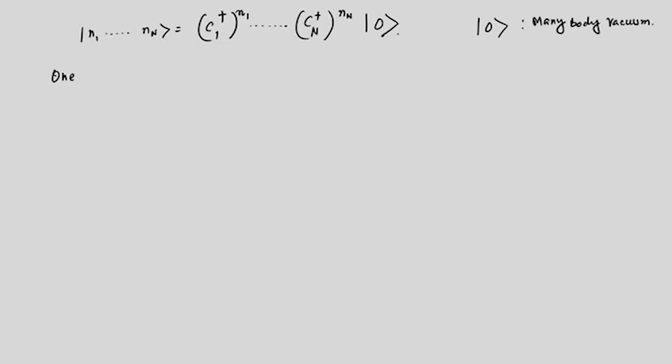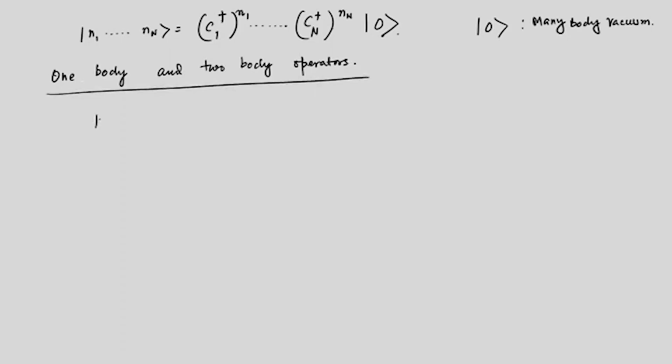So, what is this one body operator? One body and two body operators. Let me write down the kinetic energy, which is equal to the sum of all the kinetic energies, i equal to 1 to n, k.